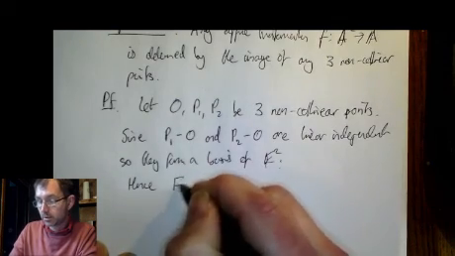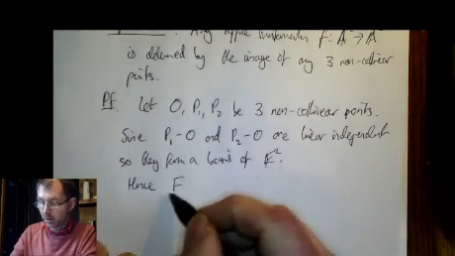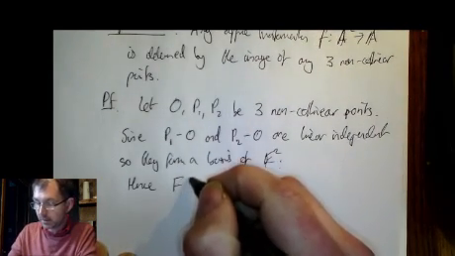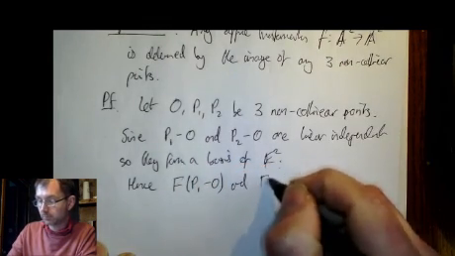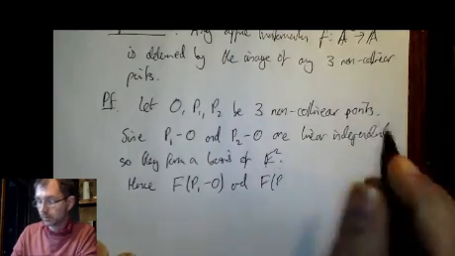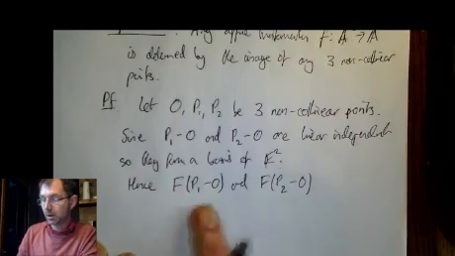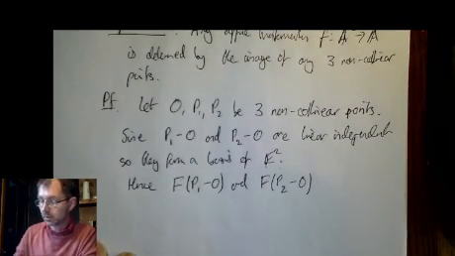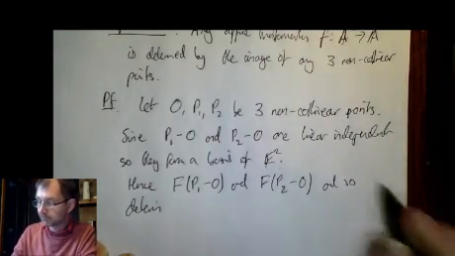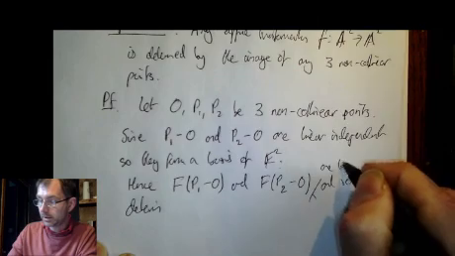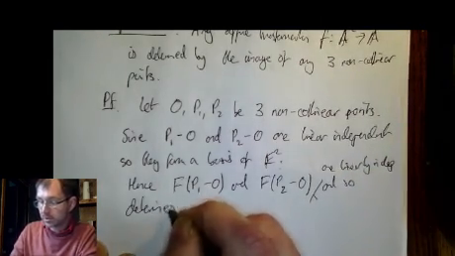Hence, the images under the invertible linear map F takes us from one basis to another, and so are linearly independent as well, and so determines F completely.